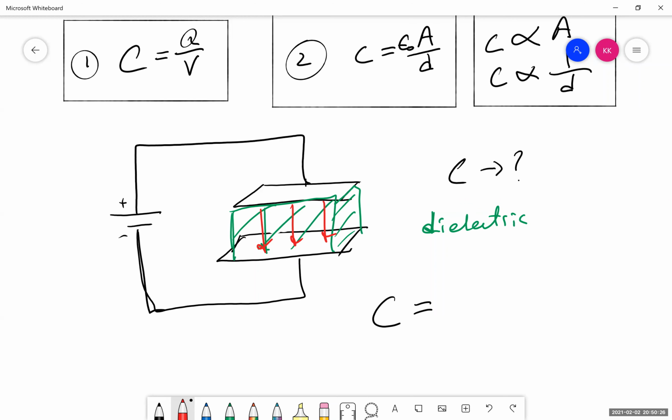There's an equation that relates voltage and electric field.